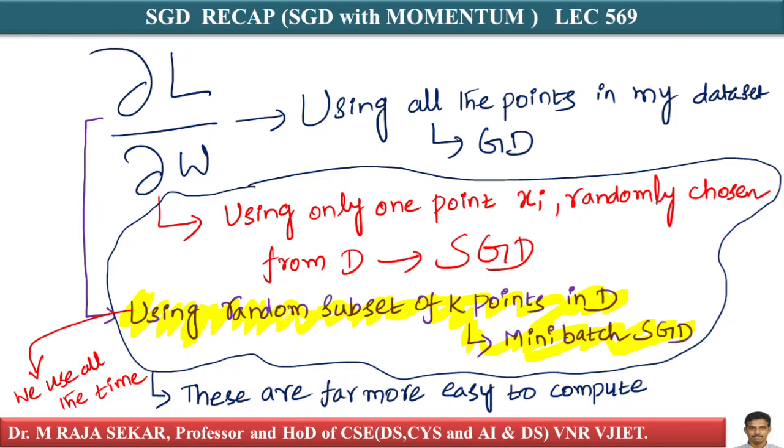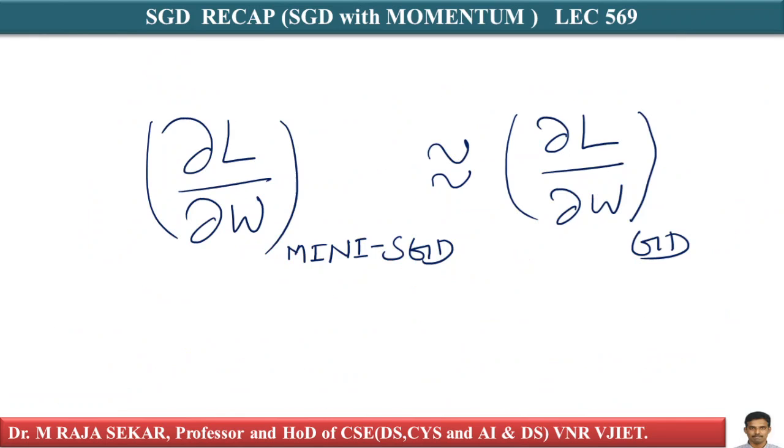Now come to the problem. When you apply mini batch SGD, and let's assume I compute the derivative dL/dW with the help of mini batch SGD, let me write this derivative of dL/dW computed using mini batch SGD.